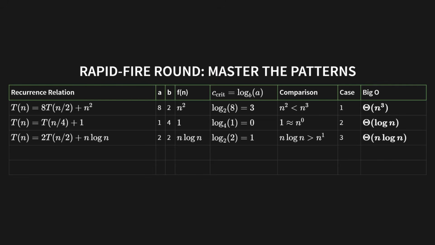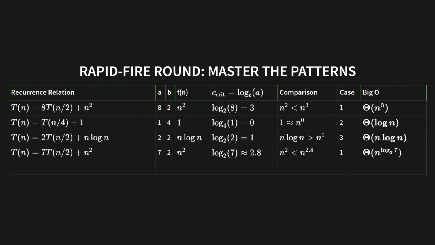Third row, T(n) equals 2T(n/2) plus n log n. a is 2, b is 2, c crit is log base 2 of 2, which is 1. Now compare f(n), n log n, to n to the power of 1. Well, n log n grows faster. That's case 3. Local work wins. The answer is theta of f(n), which is theta of n log n.